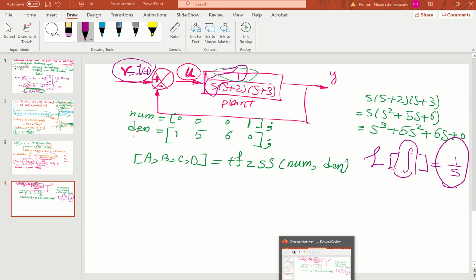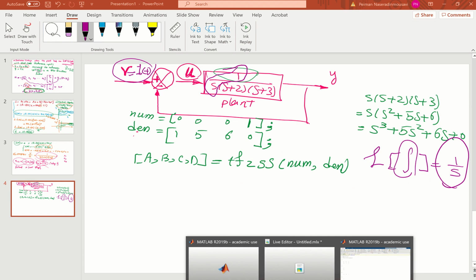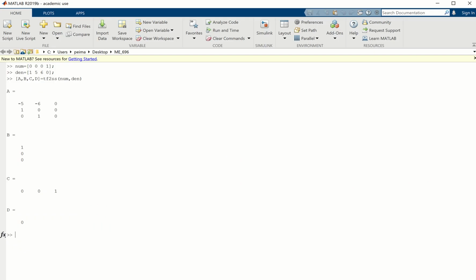So you see what Matlab gives you. Let me write it down here. Let me double check. Okay, A is -5, -6, 0; 1, 0, 0; 0, 1, 0. B is 1, 0, 0. So this is what Matlab gives you.